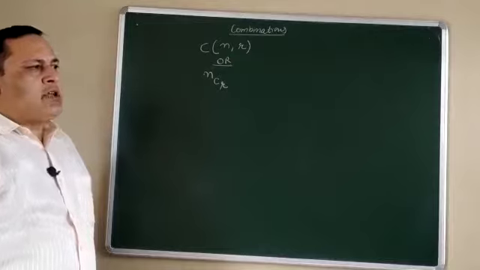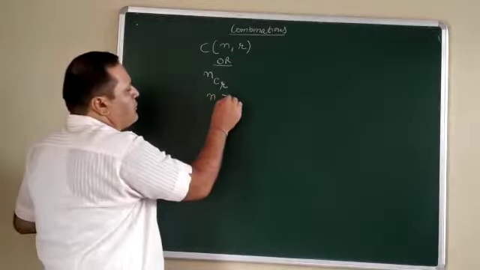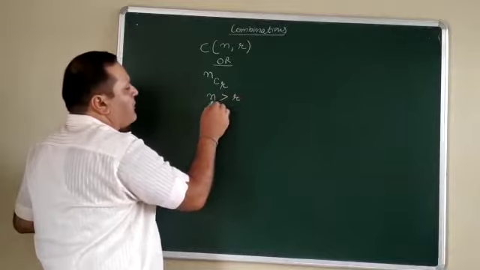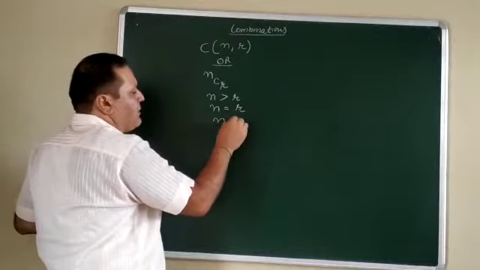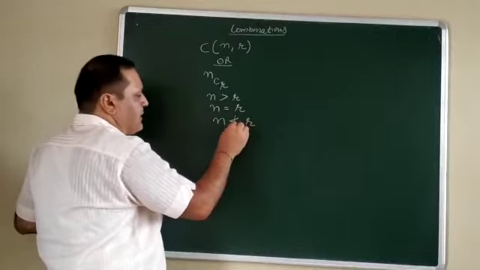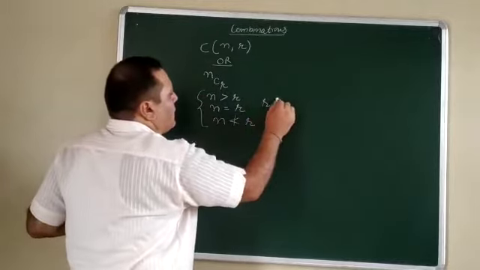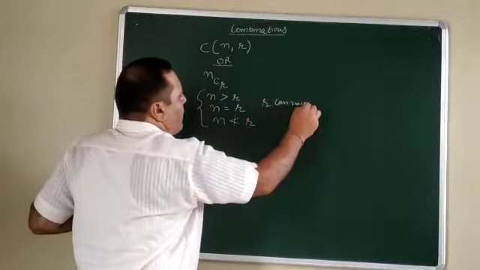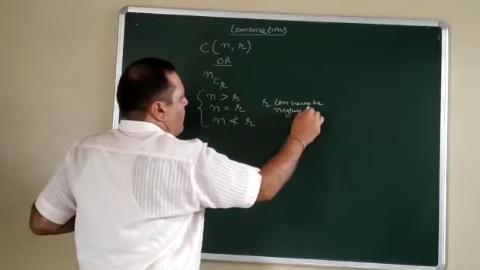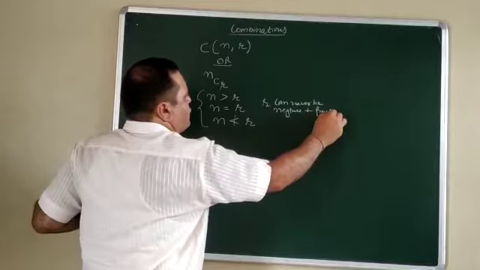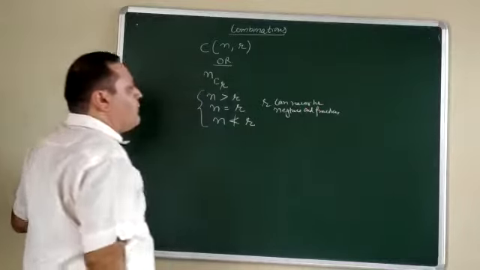The rules are the same as for the permutation. Number 1, n should be greater than r, or n is equal to r, but n can never be less than r. And r can never be negative or a fraction. n can never be negative or a fraction.